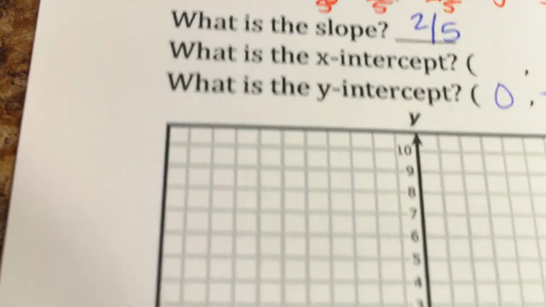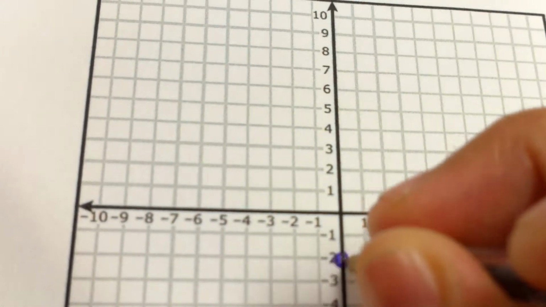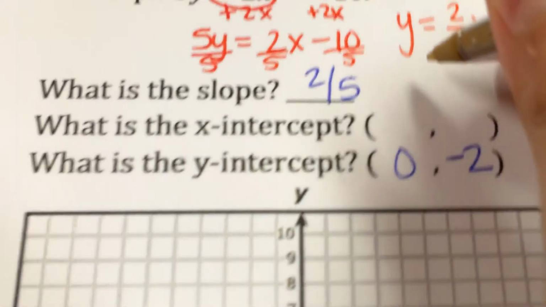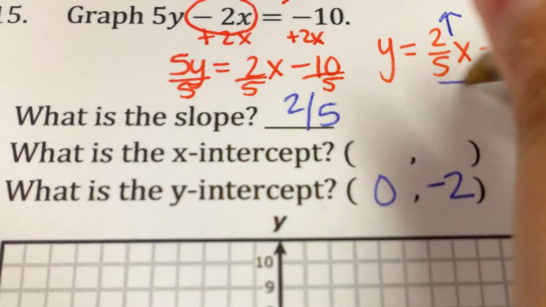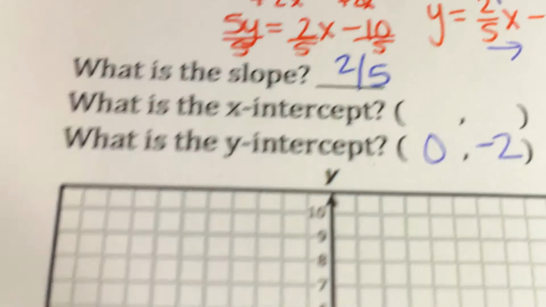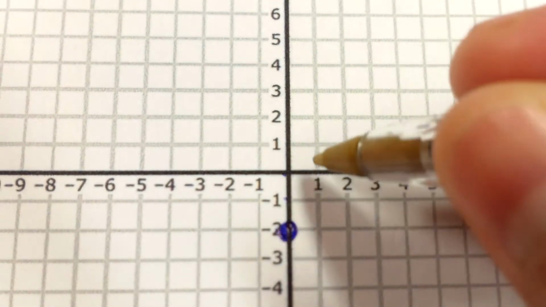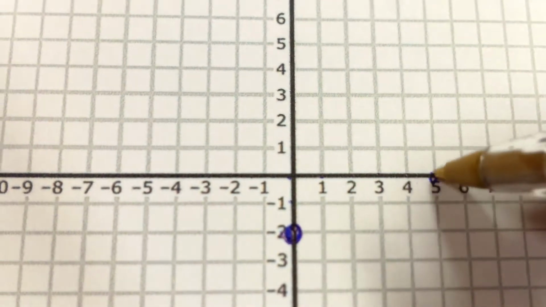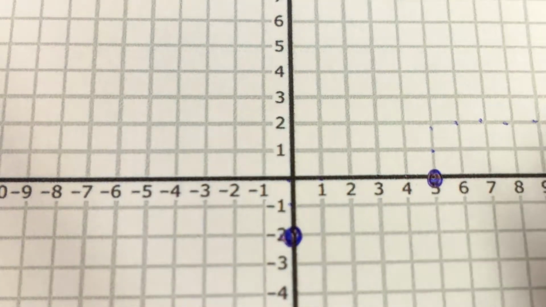So let me go ahead and graph the y-intercept, 0, negative 2. My slope is 2/5. That means I'm going to be going up 2, because it's positive, and running to the right 5. So starting at the y-intercept, I'm going to go up 2 over 5. Here it is. Up 2, 1, 2, 3, 4, 5.